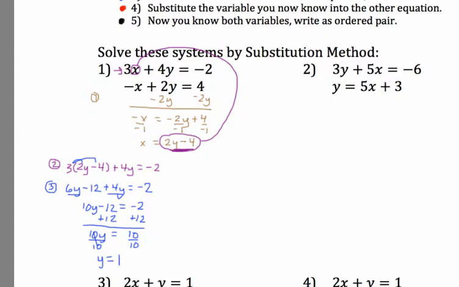So now I know the y. I'm half done. I know the y coordinate, but I still need to know the x coordinate. So here's what you do. You go back to one of the equations that you started with. You could actually use any of these 3 equations, any of the equations that you started with. I like to use this one that I made.